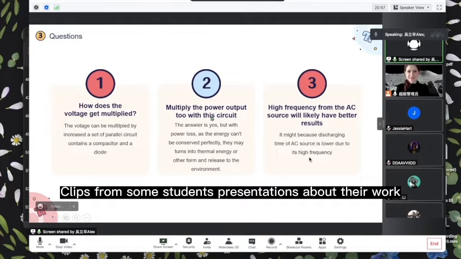Can we multiply the power output too with this circuit? The voltage can be increased, but energy is conserved, and the current will not be multiplied with the voltage.